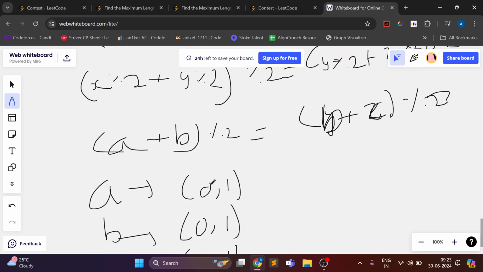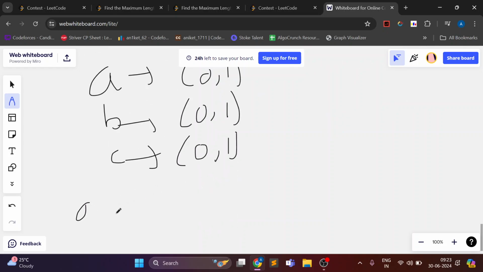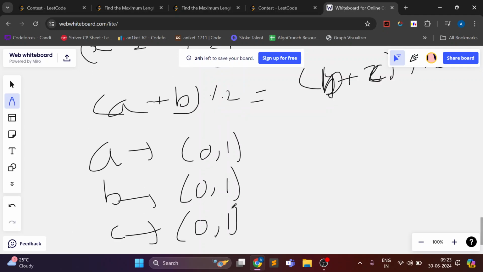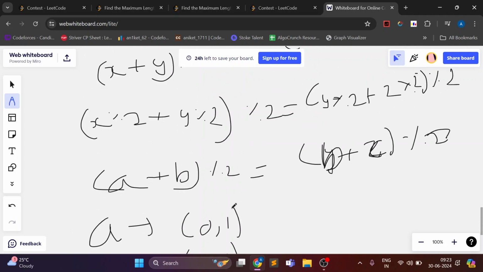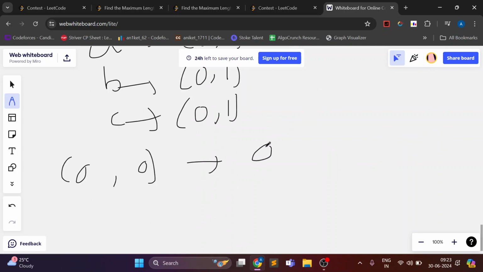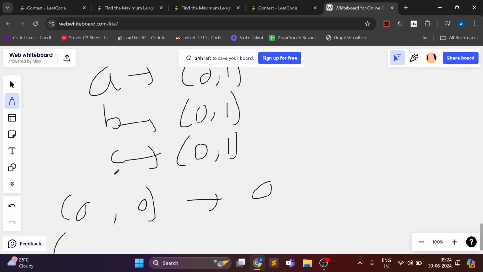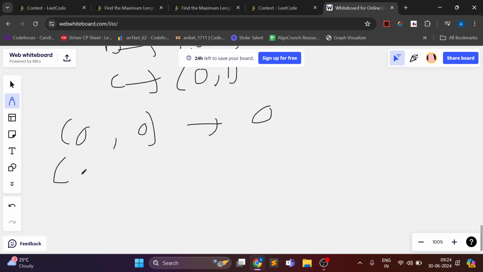So what combinations are possible? Let's say I put a and b as 0 0, both of them 0. What will be the value of c? 0 plus 0 equals c mod 2, so c would also be 0. Second is 0 1, and similarly 1 0.